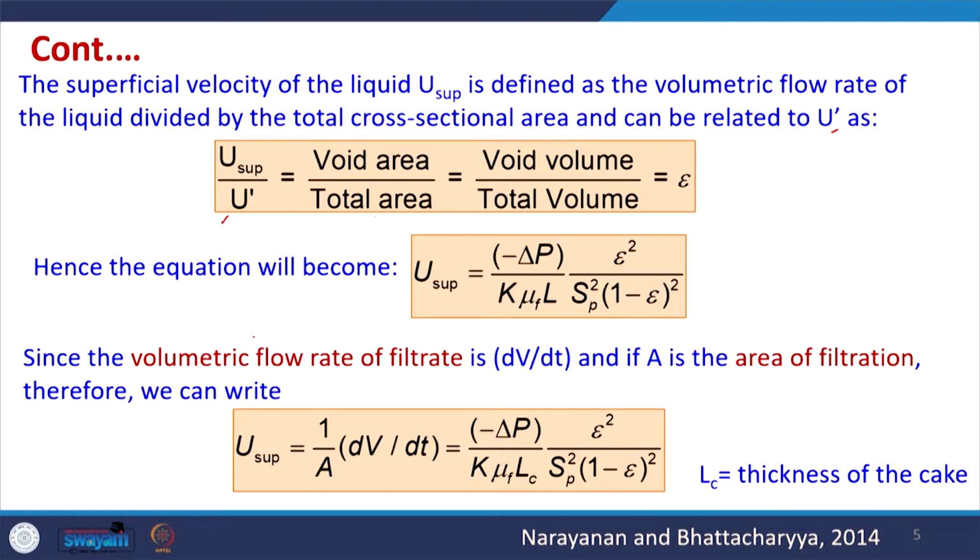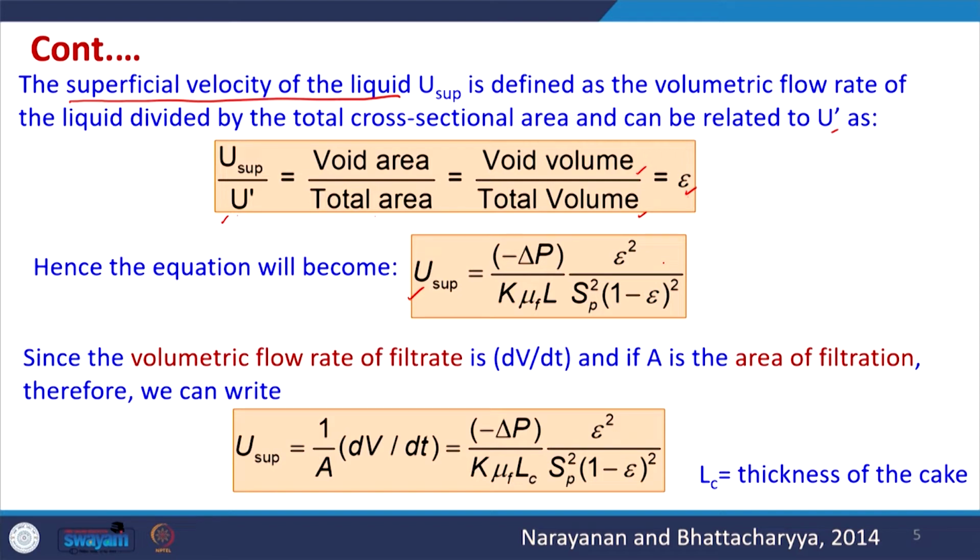If we take length L, it can also be defined as void volume divided by total volume, and as per definition, this is epsilon, the porosity. Hence the superficial velocity of the liquid can be found as U superficial equal to U dash into epsilon. So, this is what has been done here.